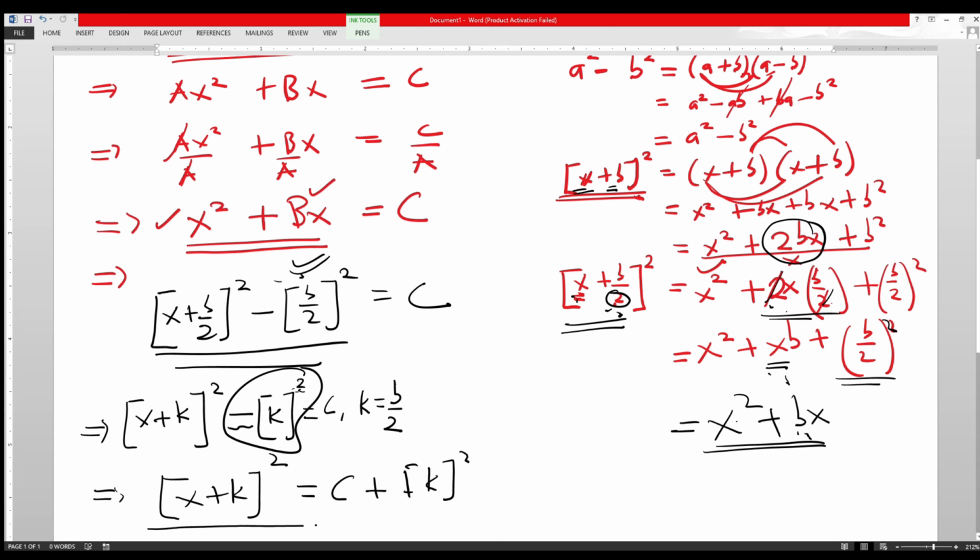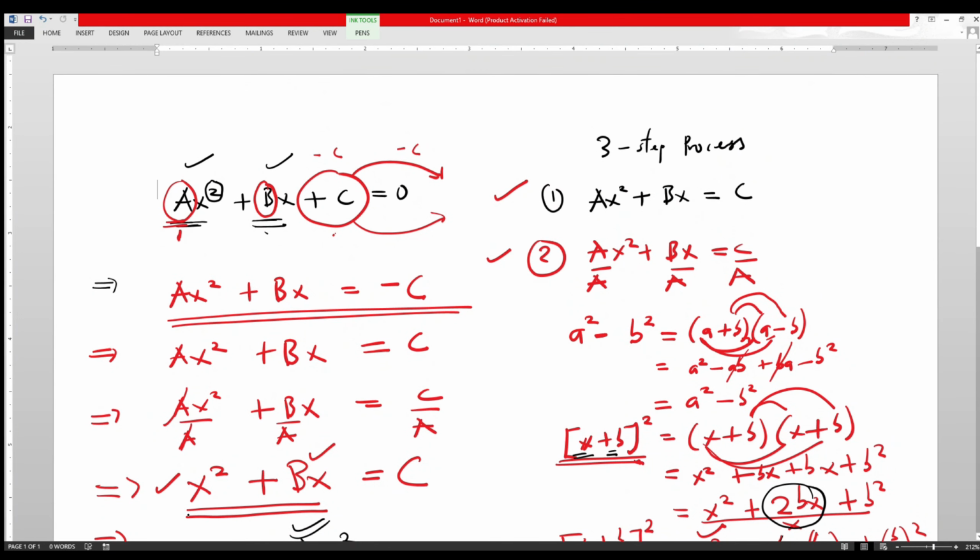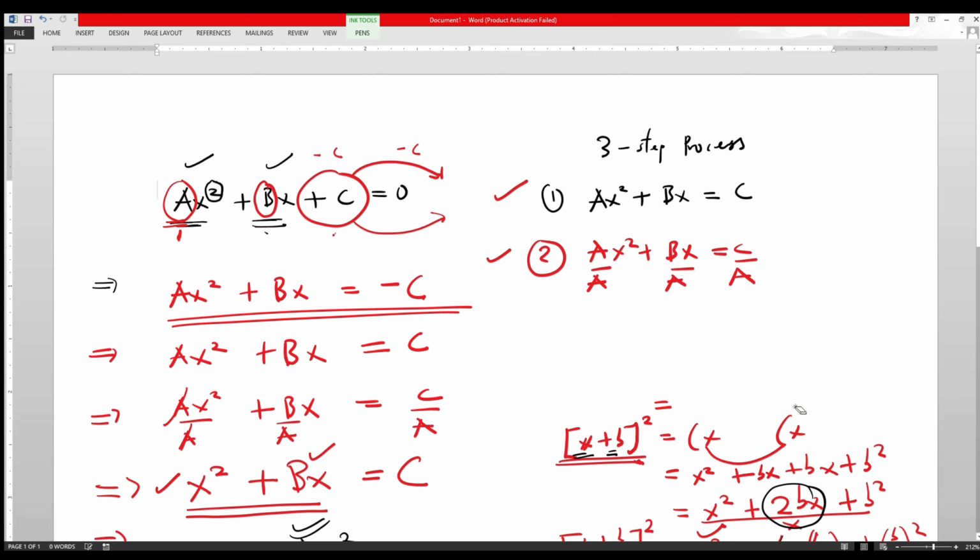Okay, and this is the formula that we'll be using in the completing the square method. Okay, so this video is a lengthy one because I wanted to derive the formula so that you can understand, so that it makes sense. So let me put it down.